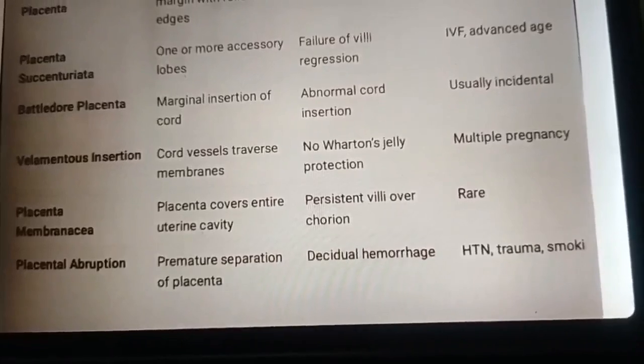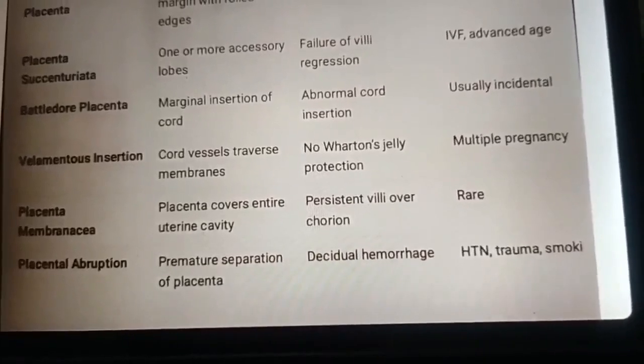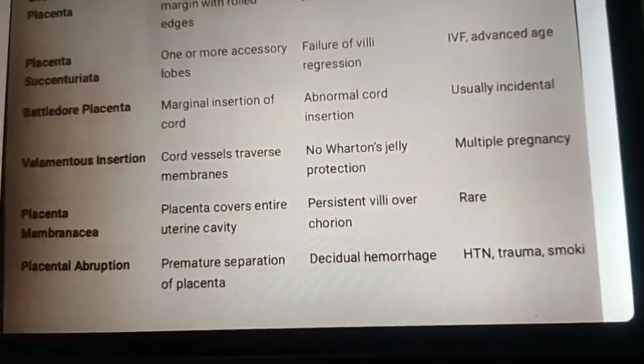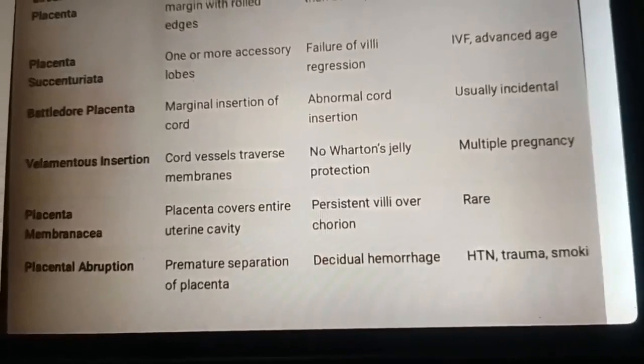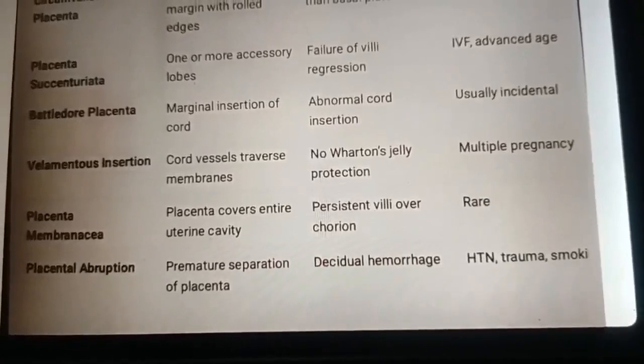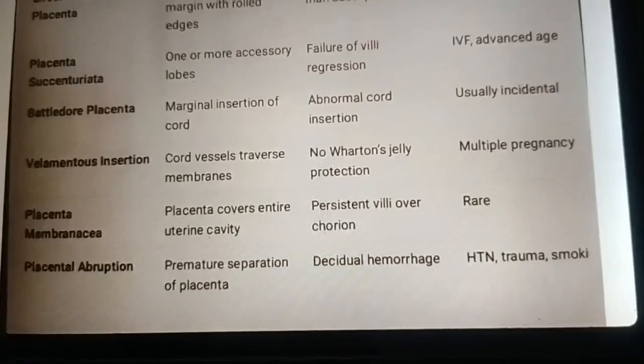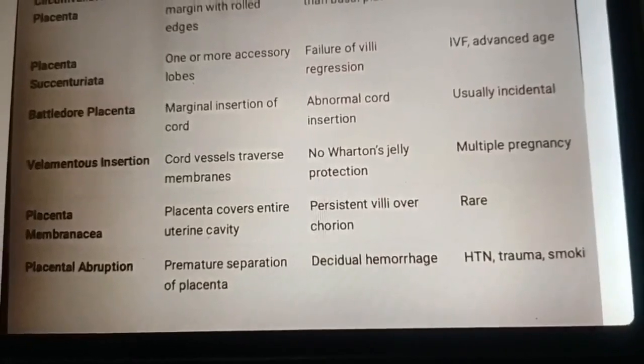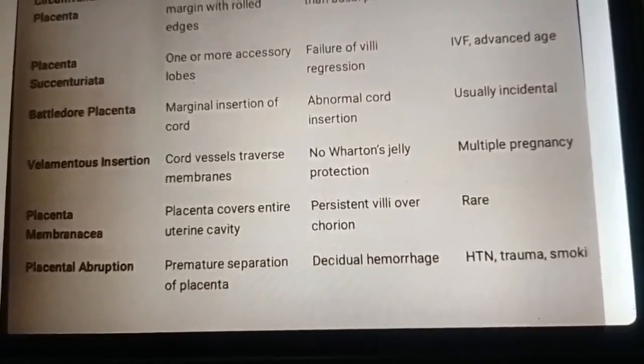If the placenta develops from both chorion frondosum and chorion laeve, then this type will cover the entire uterus, and it will be thin and membrane-like. It can also lead to placenta previa and accreta.